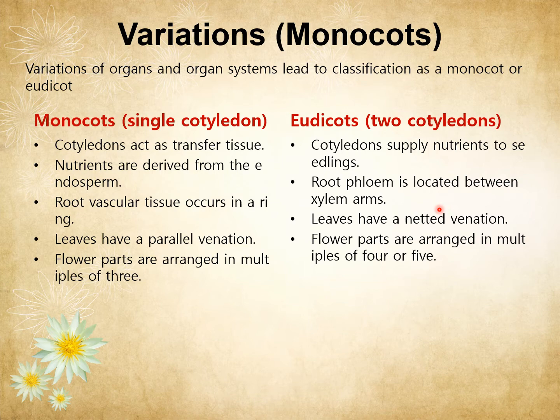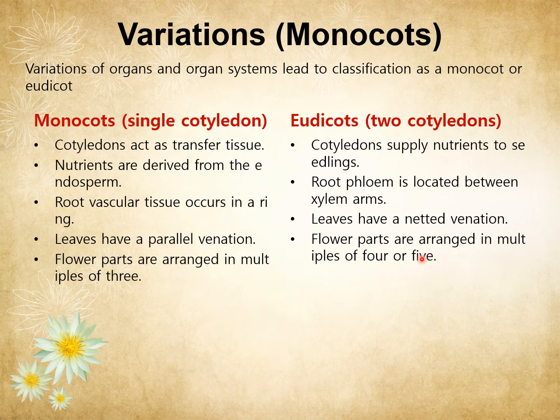In a eudicot stem, the vascular bundles occur in a ring. Monocot leaves have parallel venation, while eudicot leaves have netted venation. Okay, we'll go into all this detail during our lab later.